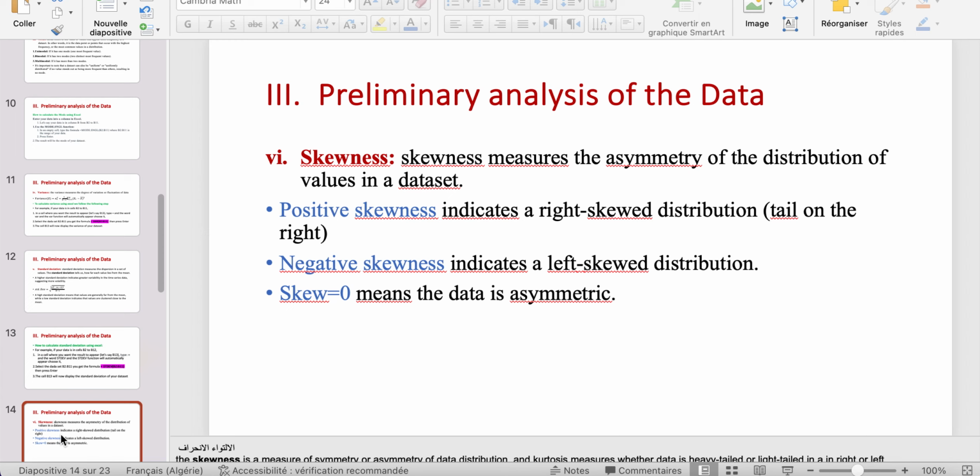Skewness measures the asymmetry of the distribution of the values in a data set.